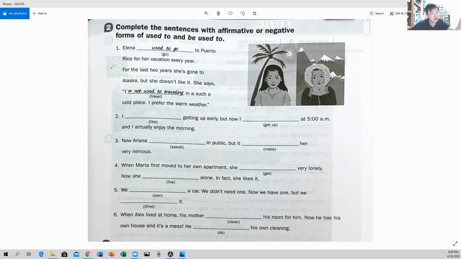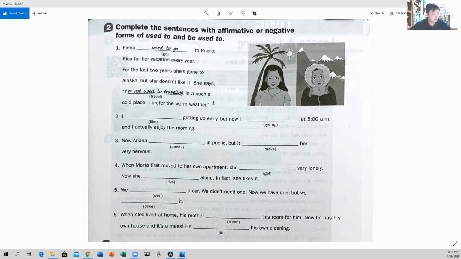That's why it's used to plus the base verb or infinitive. She says, for the last 2 years she's gone to Alaska, but she doesn't like it. She says, I'm not used to traveling in such a cold place. I prefer the warm weather. Okay, be used to plus gerund. Why? Because she's not accustomed to.